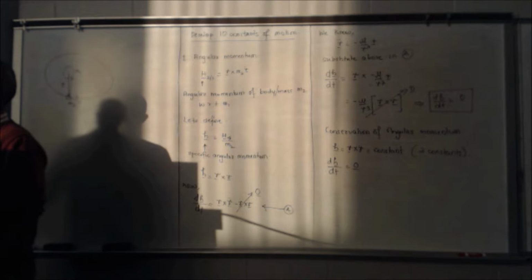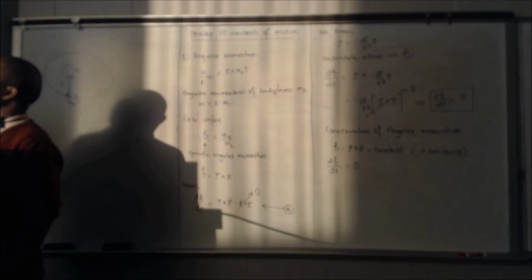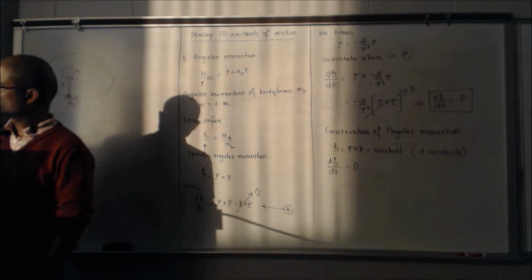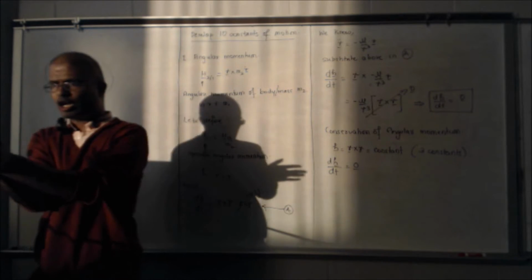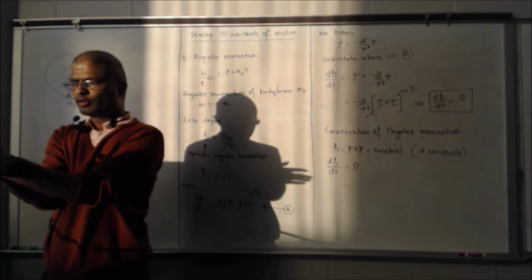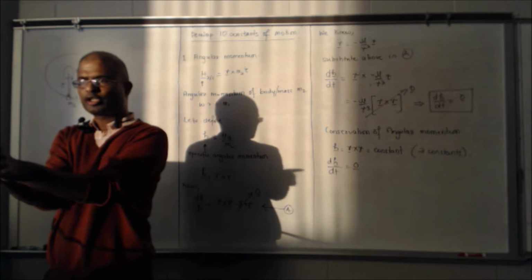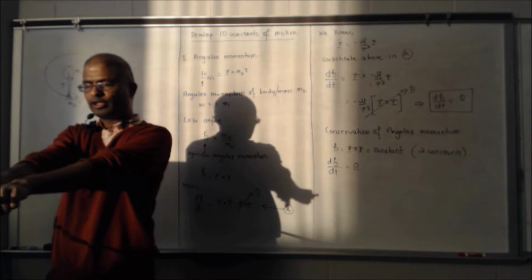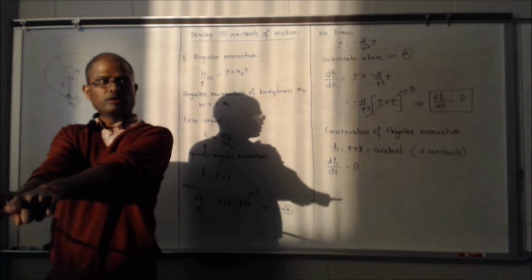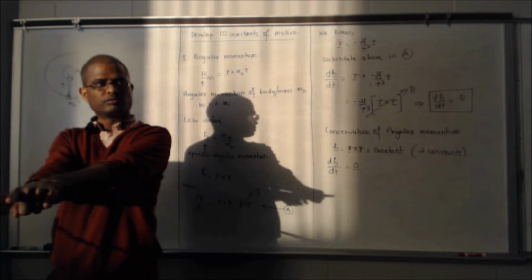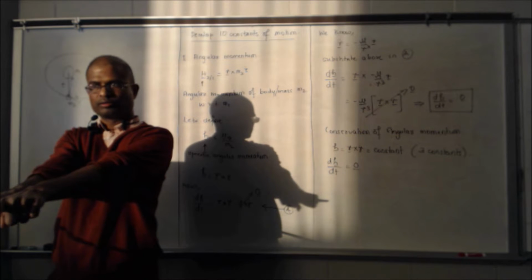So if you take this and this, imagine you have R crossed V. In what direction would H be? So you have R and you have V. Think about this. It would be in this direction. It's always in this direction, right?